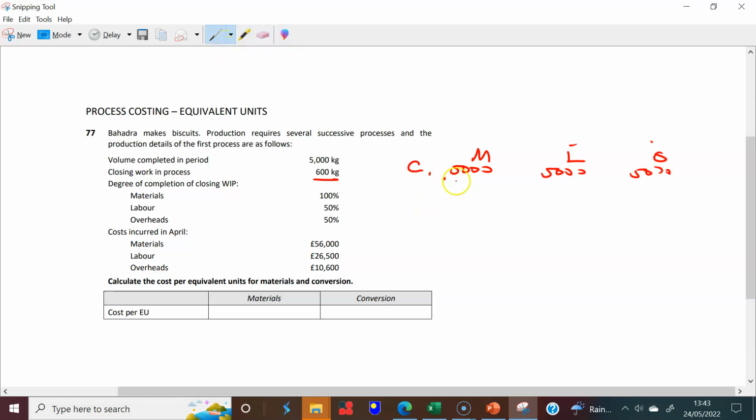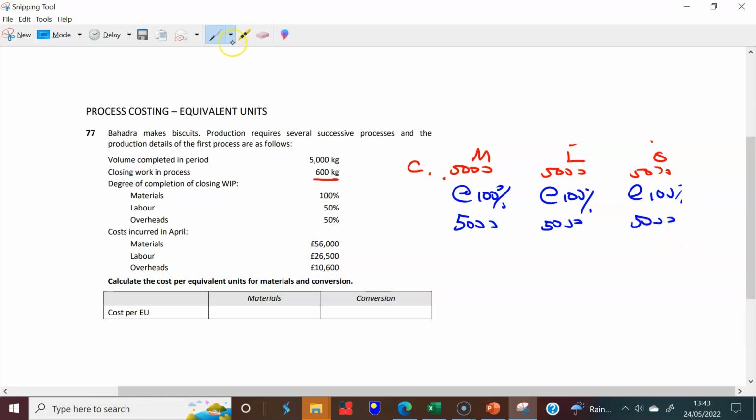I'm just teaching, so I'm explaining this, not just for theory, you understand. So these are 100% complete, which means that there are 5,000 units here. I know that sounds obvious, but just so you know that's what we're saying.